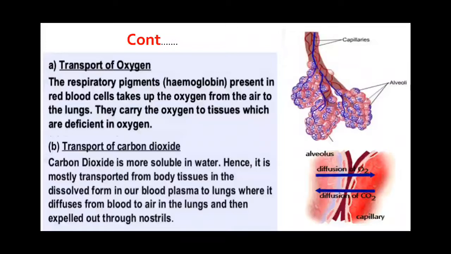Such an exchange occurs because here you can see the concentration of oxygen is more in alveolar air, and we know that oxygen moves from higher concentration to lower concentration due to the process of diffusion. So the blood has more concentration of carbon dioxide as compared to alveolar air.